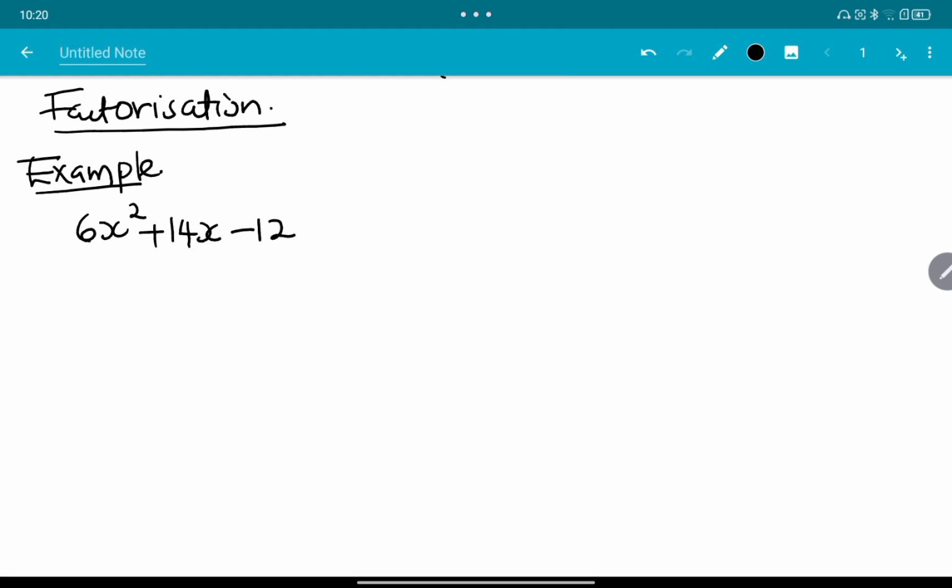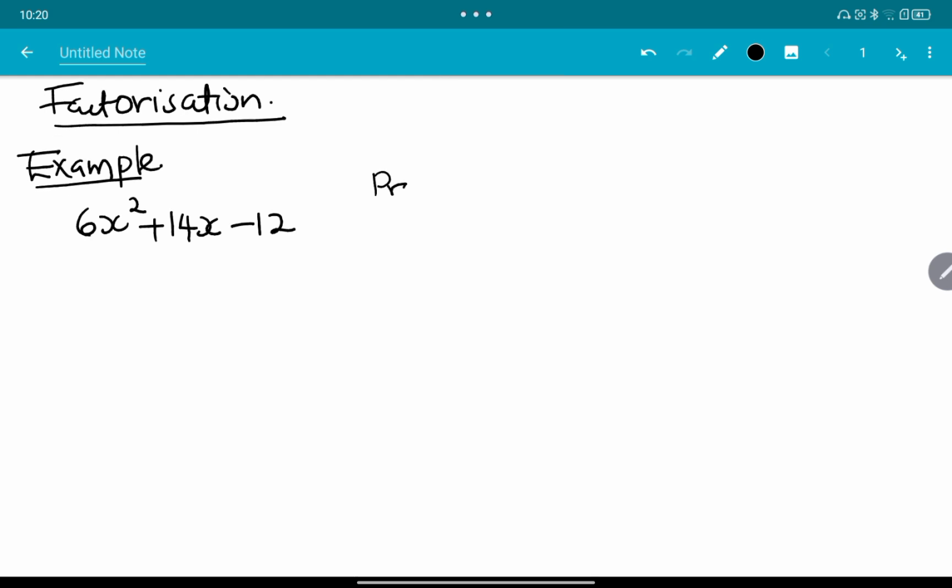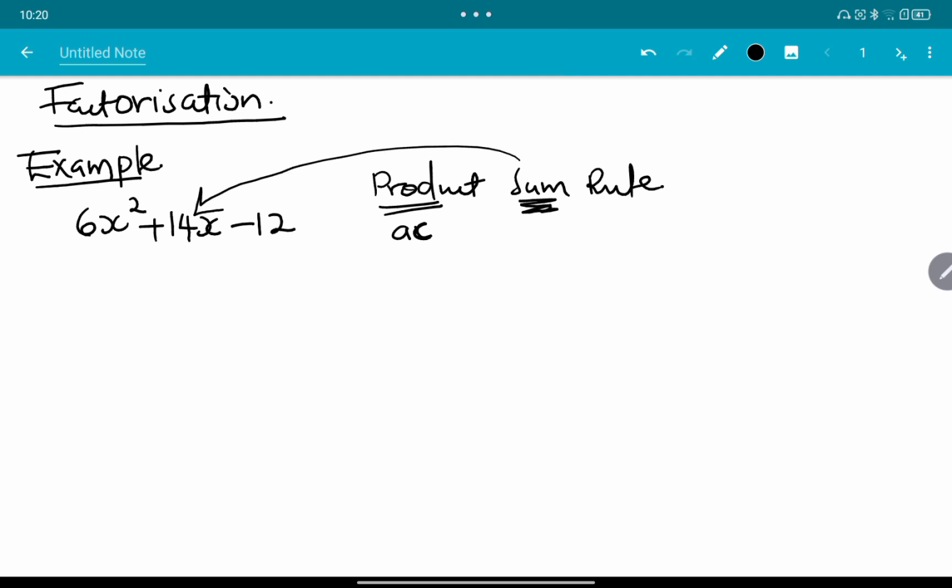For us to be able to factorize this, we have what we call the product sum rule. When we talk of the product, we get the product of a and c, rather, not x. Then the sum will always be giving us the middle number.